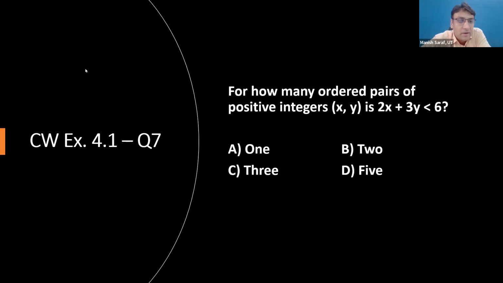Yes, sir. I have already. Okay. Good. Garv, Chinmay, correct. Jai Vora, correct. How many ordered pairs? Ishan, correct.